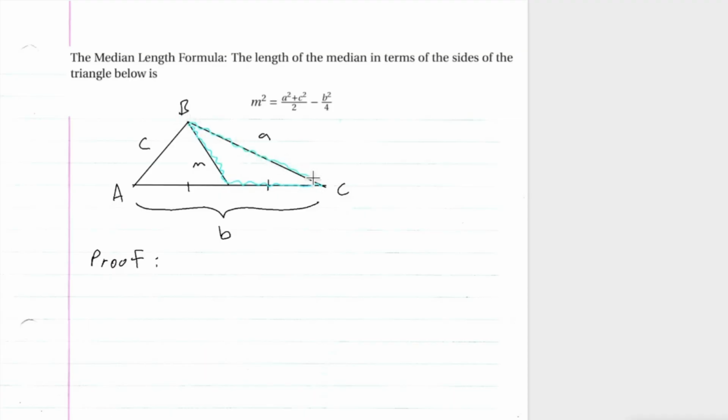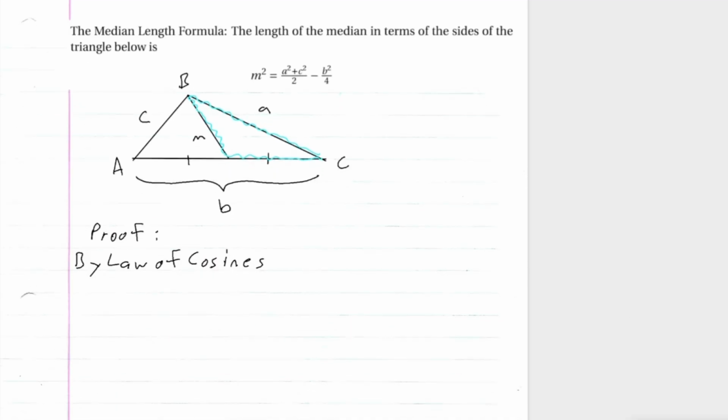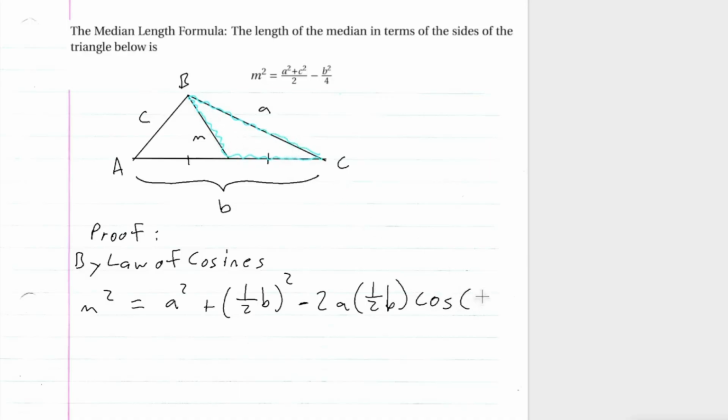By the law of cosines, m squared is equal to a squared plus, since this whole length is b and this piece of the blue triangle is half of b because this is the median, half of b squared minus 2a times 1/2 b cosine, and the angle associated with m is c.